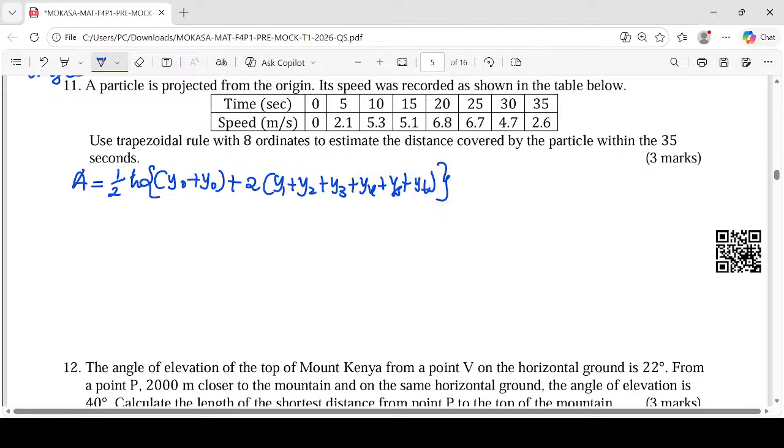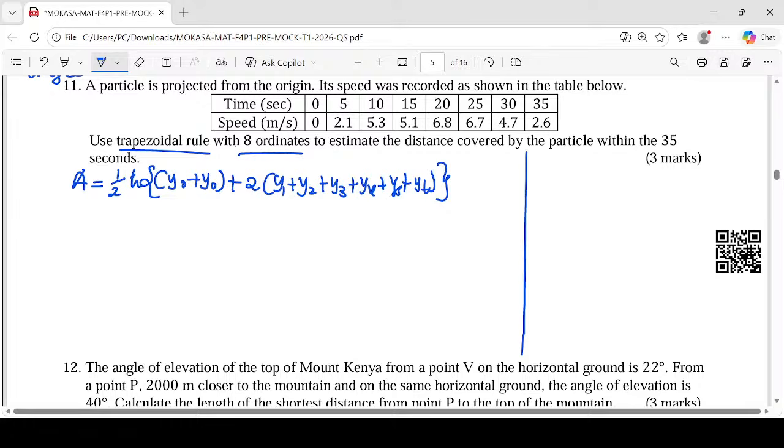But now the biggest question here is, how are we going to get the h? There are things I want to highlight here. One, we are talking about the trapezoidal rule and the ordinates.